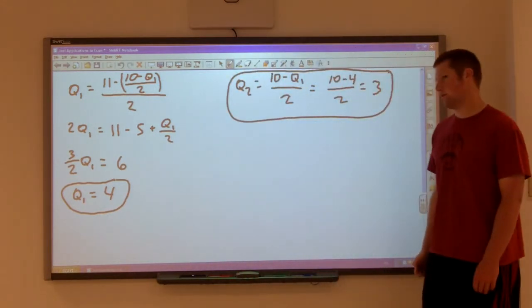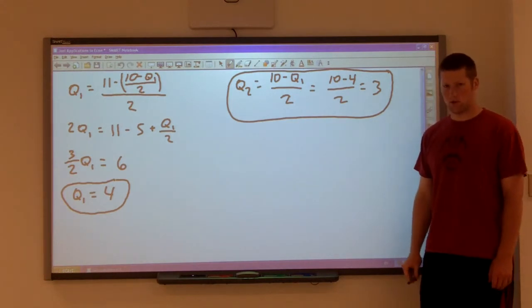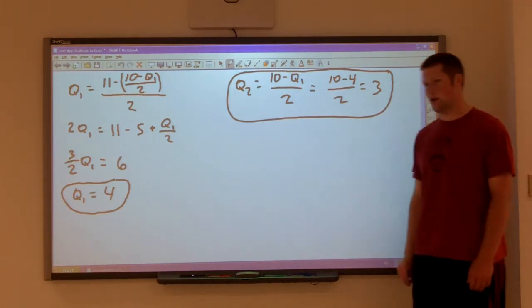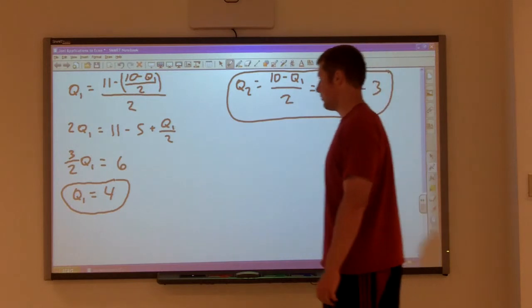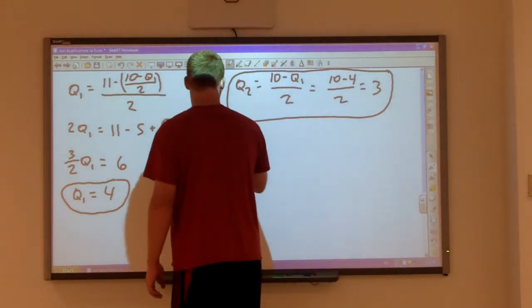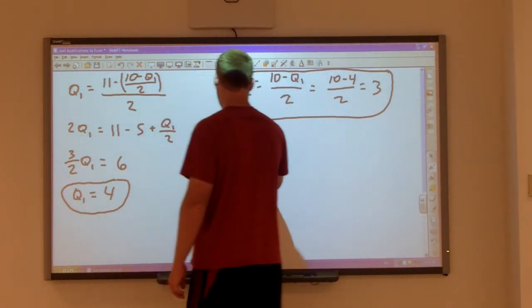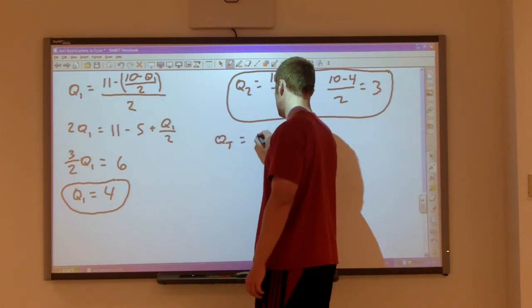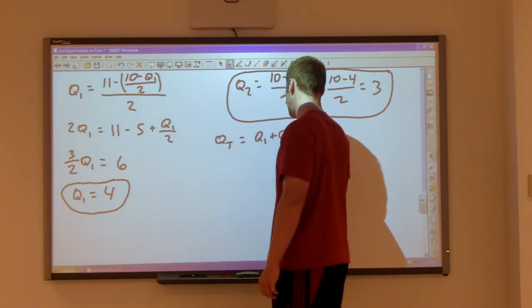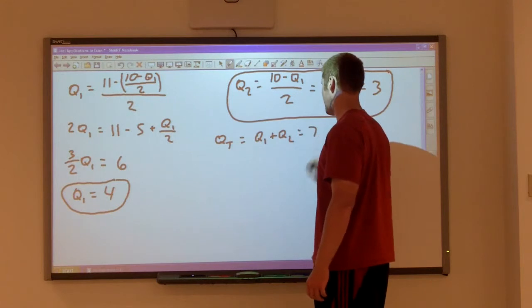So now we have found the two quantities that the firms will produce in equilibrium when they're competing. Let's find what their profits would be. Our Q total is Q1 plus Q2, which is just 7.